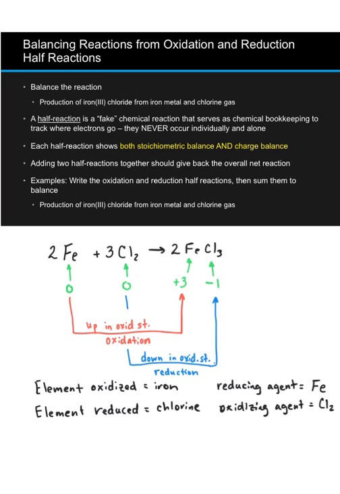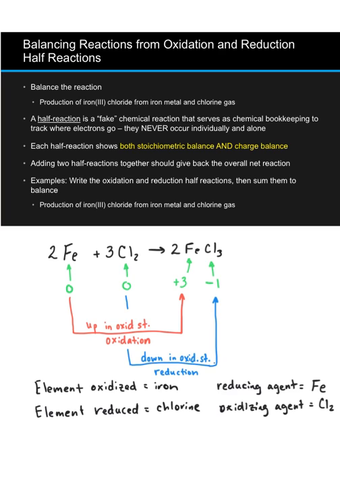A half reaction will show stoichiometric balance and charge balance, meaning that we'll have the same numbers and types of atoms on both sides of a half reaction, and we'll have the same total amount of charge on both sides of a half reaction. We'll write down one half reaction for oxidation and one half reaction for reduction. Adding them back together will give us the overall net reaction for a redox reaction we're interested in.